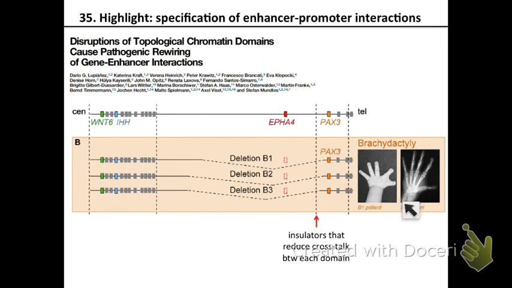So what they did is they isolated DNA from all of these patients and then looked for common changes, okay? So what could underlie this problem? And they found a region of the genome which contains the Wnt6, IHH gene, EphA4, and PAX3.